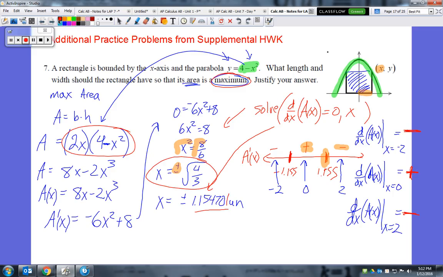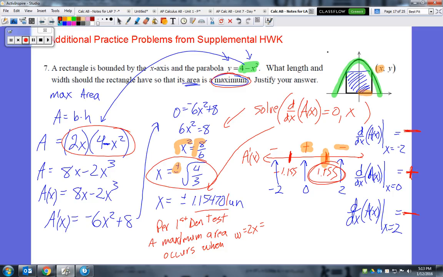We're going to say per first derivative test, a maximum area occurs when, say, the width is 2x. So when width equals 2x, which in this case is going to be 2 times this number of 1.15, so on and so forth.